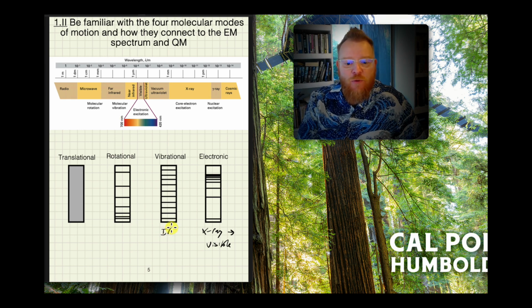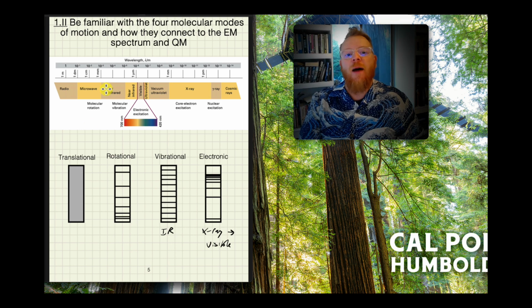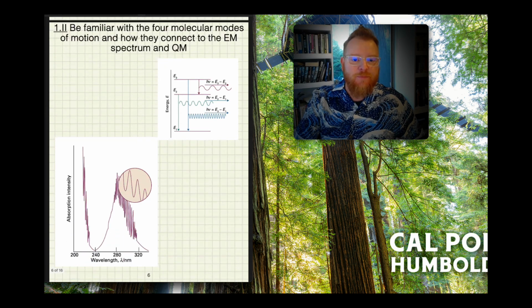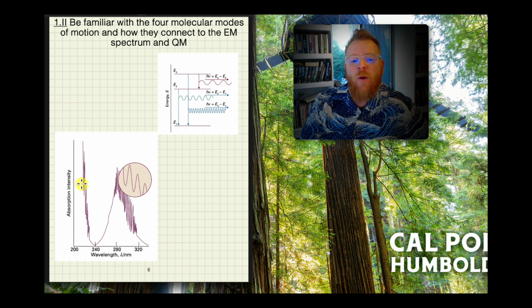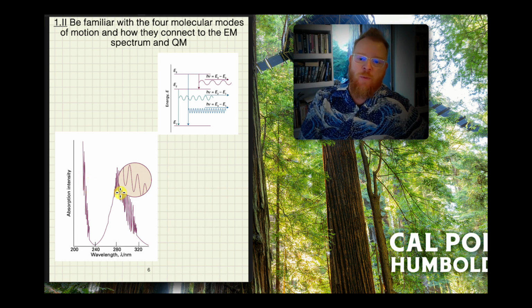And maybe you remember that from your organic chemistry. Our rotations, the way molecules rotate about some axis, puts us into the microwave. And beyond that, our translational modes are related to thermal energy, if you recall from our section on thermodynamics.